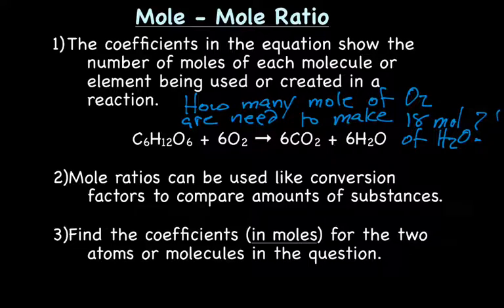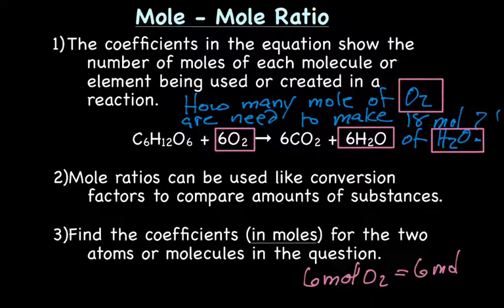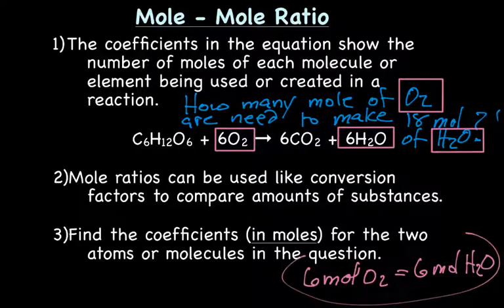When we go to make our equality, we see that the 2 molecules that we're interested in are O2 and H2O, right? And we look at our problem and we see we have 6 moles of O2 and 6 moles of H2O, which means our equality would be 6 mole O2 equals 6 mole H2O. Okay, and then this is the equality that we would put in our grid.